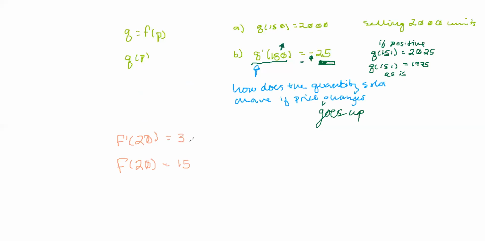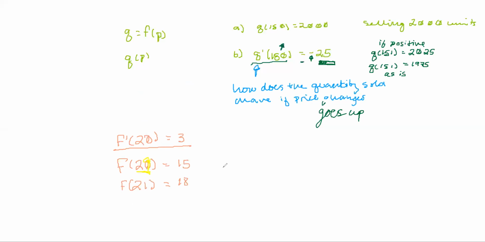What this is telling me is that if I take f of 21, I'm going to assume it's going to be close to 18, because it's what f of 20 is plus the change. So we're expecting f to rise if this goes up, but we always have to make the assumption that this is going up.